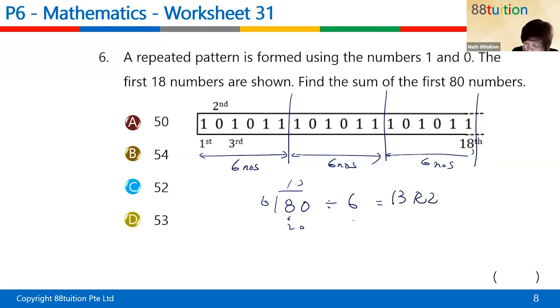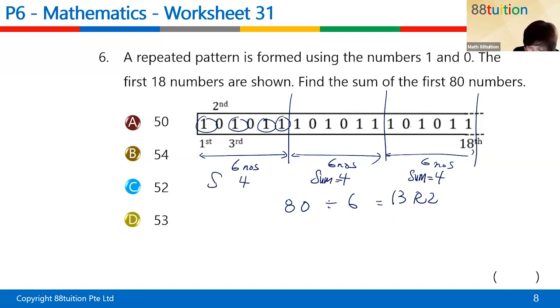So remainder 2 will end with a lot of 1, 0, 1, 0, 1, 1. And the last two numbers must be 1 and 0, right? So now I need to add 1 plus 0 plus 1 plus 0 plus 1 plus 1. So we have 1, 2, 3, 4. There will be 4 in each group. The sum adds up to be 4.